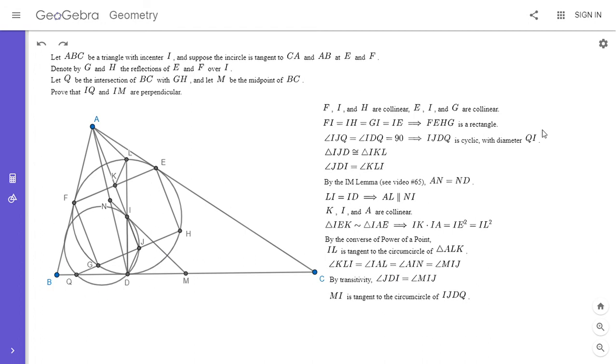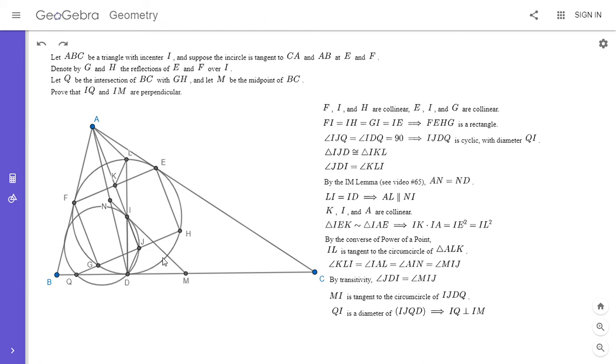And so since QI is the diameter of that circle, that means that MI has to be perpendicular to IQ. And that solves the problem. So since QI is the diameter of this circle, and MI is tangent to it, then IQ has to be perpendicular to IM.